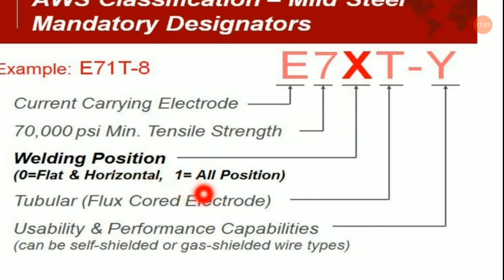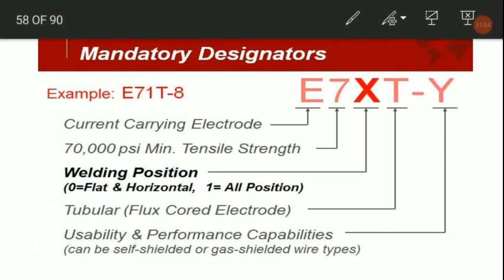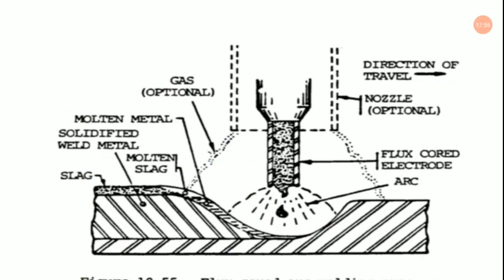So 0 is for flat and horizontal, and 1 is for all position. And next is the coating, it will give you the coating. Then another one will be giving you usability and performance capabilities, which can be self shielded or gas shielded types also. Okay, now again the picture is given over here.